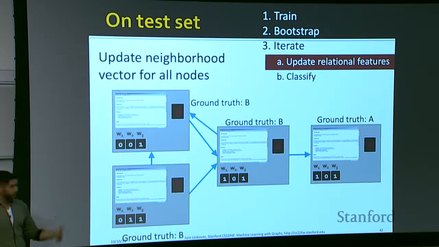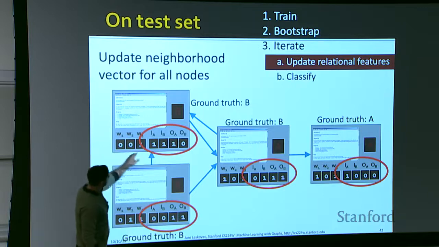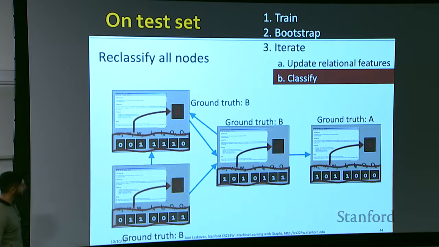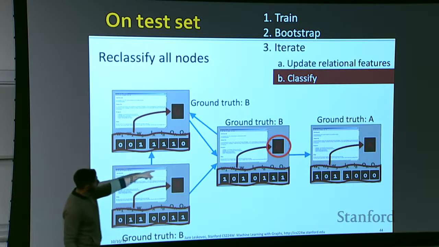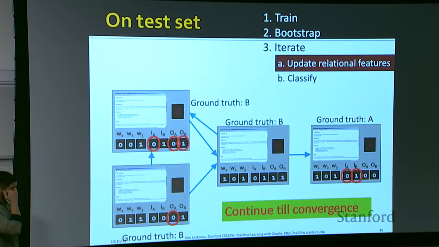Now we do our iterations, and basically we update our relational features until this converges to the setting that we were hoping for. Okay? So now we're using our red circles, we're using our network features, and now our classification will tell us that the label for that page should be instead B. Okay? And we continue until convergence.